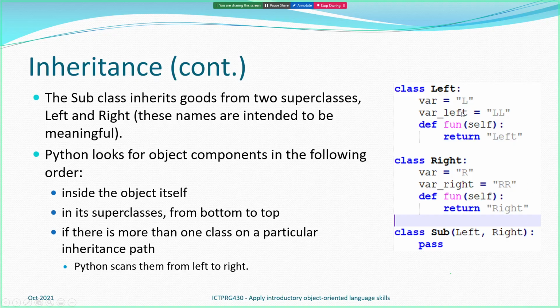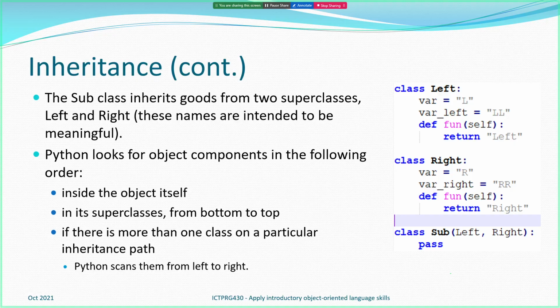So this information and this information will be part of the sub. But the order that we have the names listed in the parentheses is important, because it comes down to the order process that Python uses to create its objects.